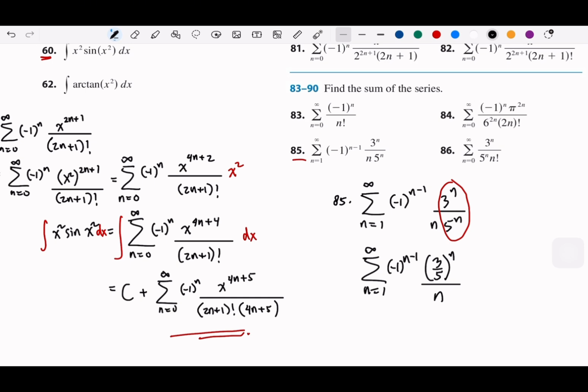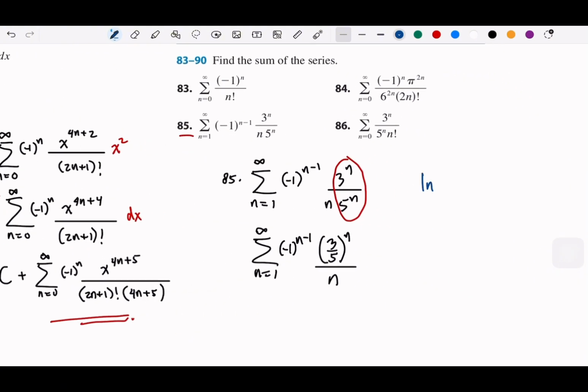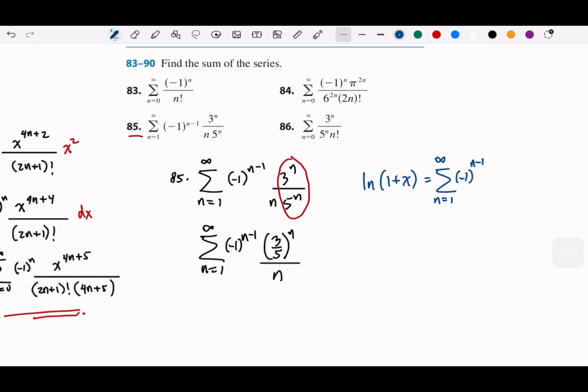This is going to be the ln. So remember that the ln 1 plus x is the series, so basically we are going to exchange the x with 3 over 5. So we're going to get this 1 plus 3 over 5, or ln 8 over 5.